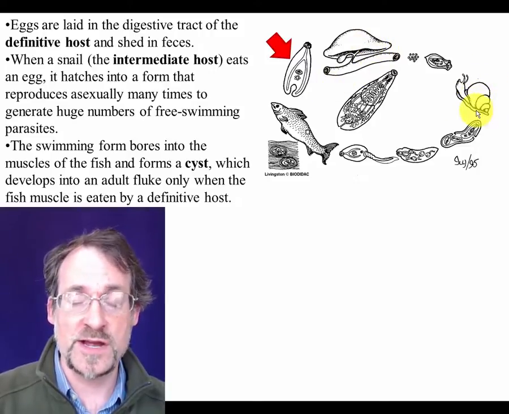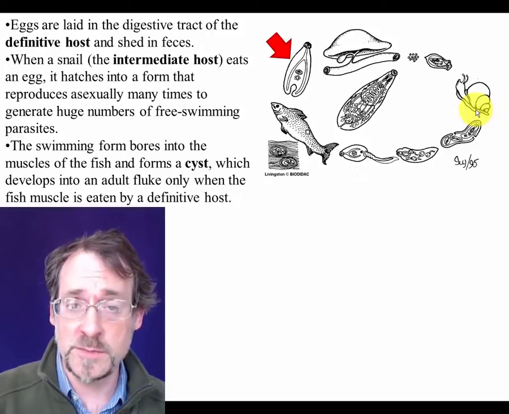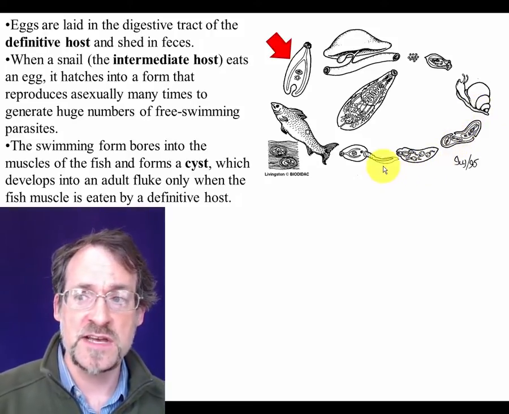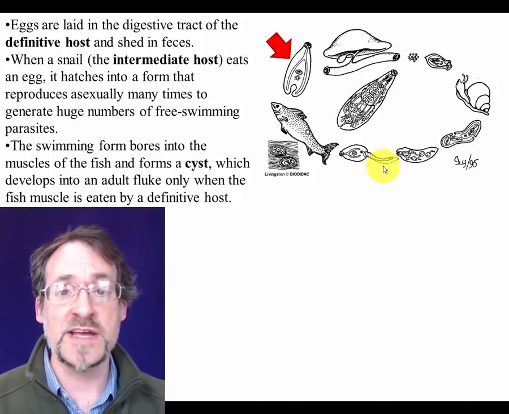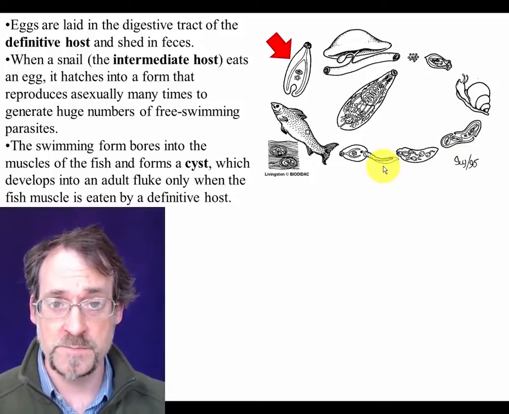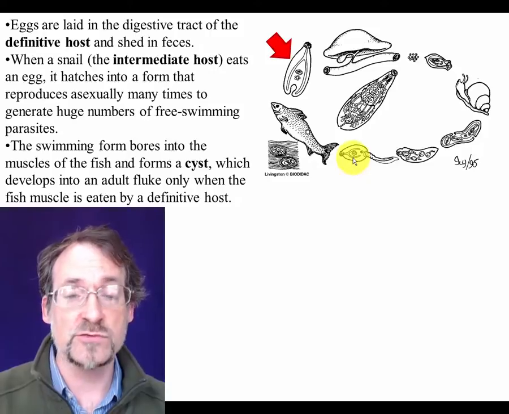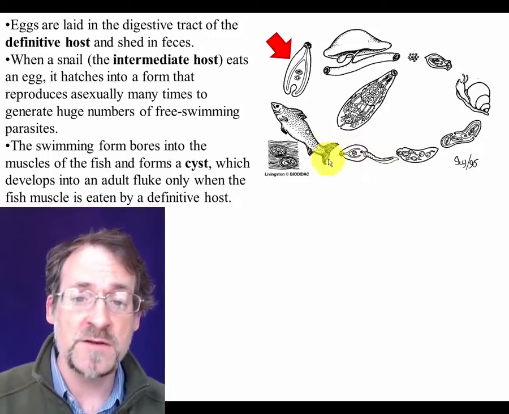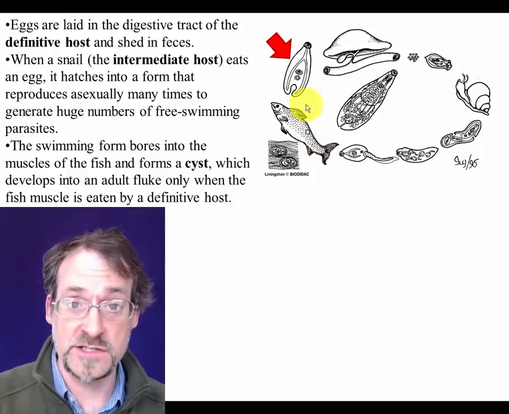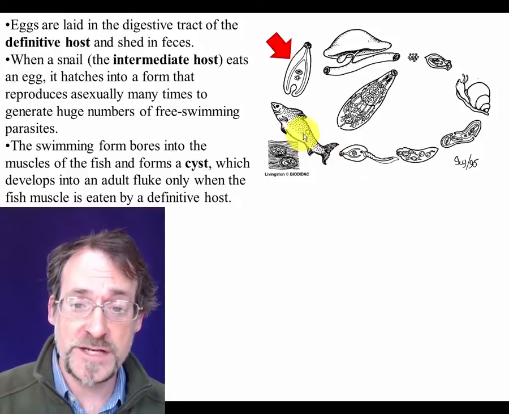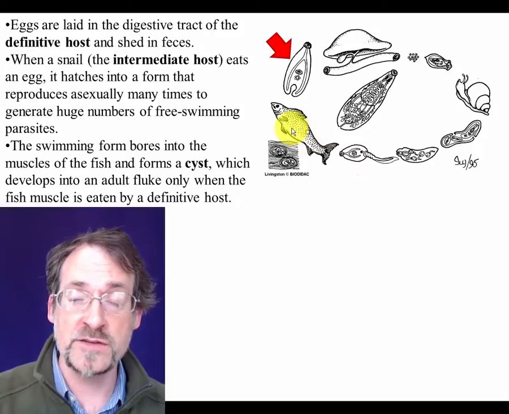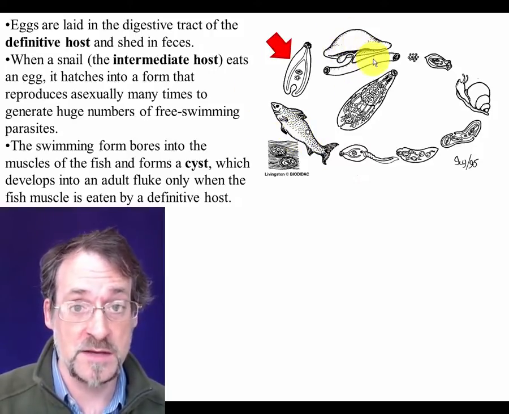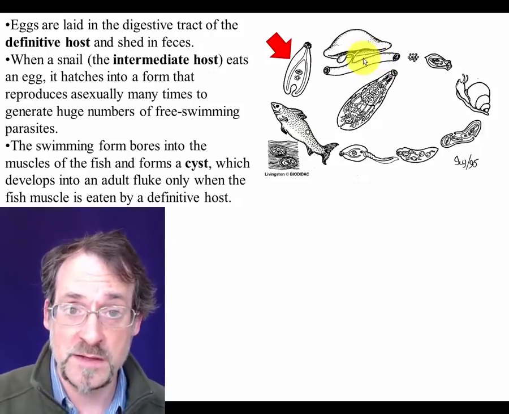The reason for having this intermediate host is presumably that within the intermediate host, each one of those eggs can go through multiple rounds of asexual reproduction. Because it does that, it really increases the chances of at least one of these cercariae finding this second host, this fish. And the fish is the way in which this parasite is going to make its way into the digestive system of another vertebrate.